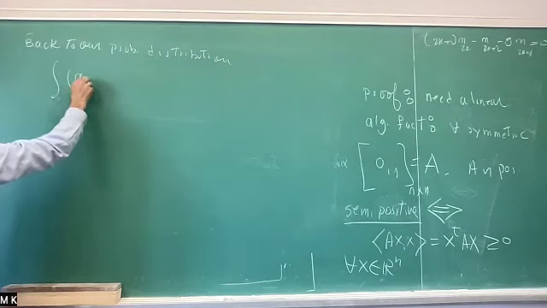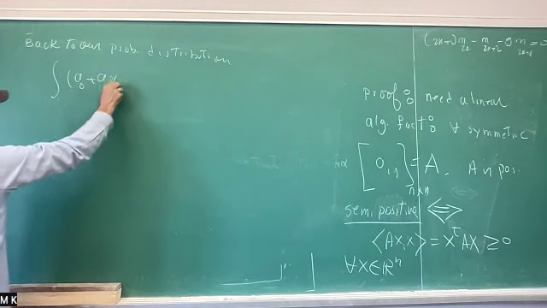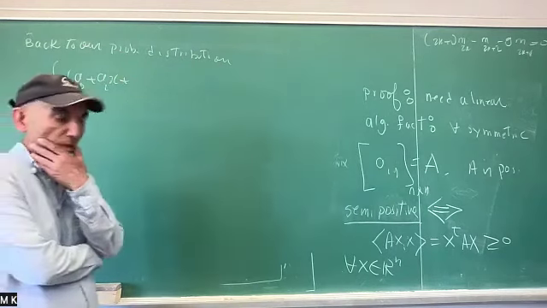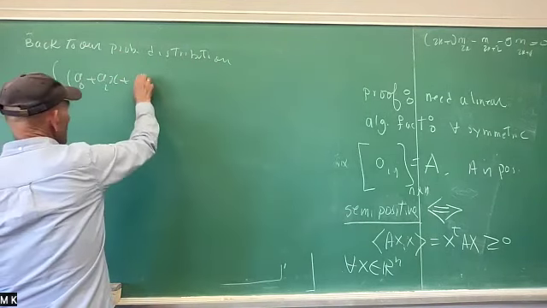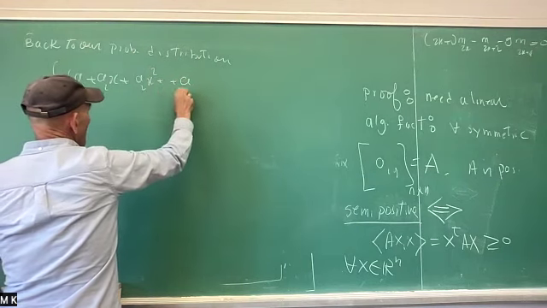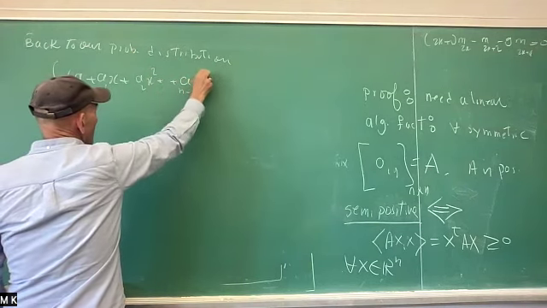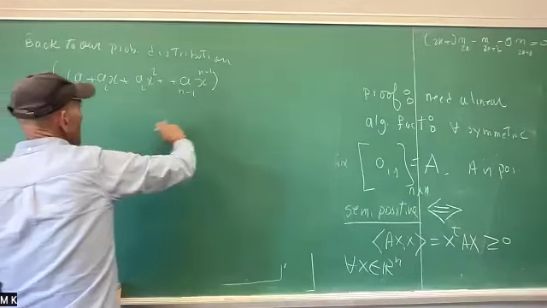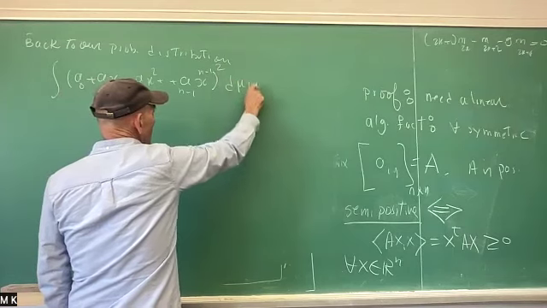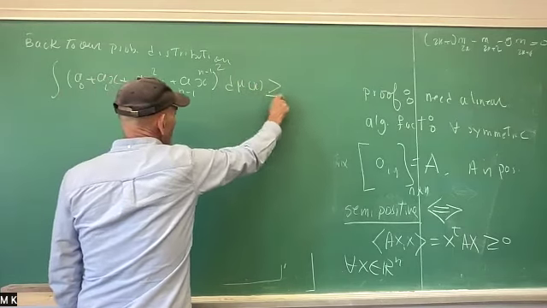So I've got (a0 + a1 x + a2 x^2 + ... + a_{n-1} x^{n-1}) squared d mu of x is bigger than or equal to 0.